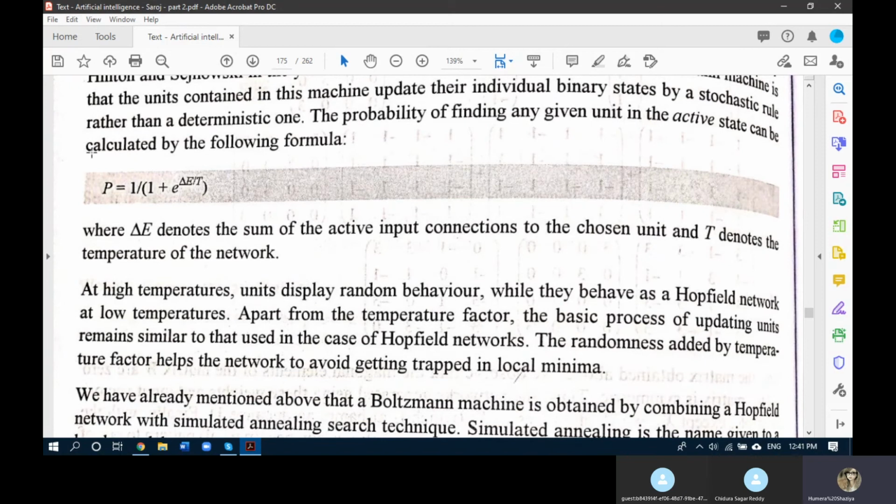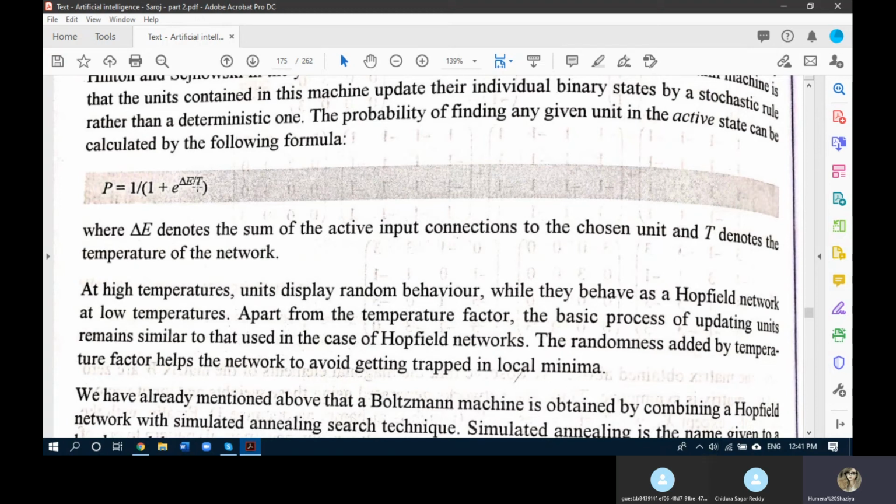This formula is given. In this formula, 1 over 1 plus e raised to delta E by T. Delta E denotes the sum of the active input connections and T denotes the temperature.